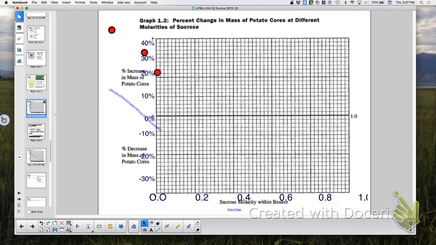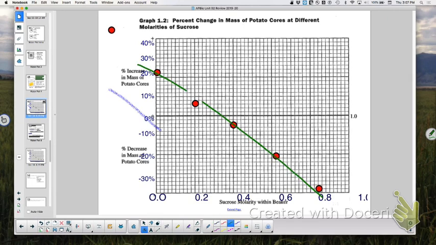And so we thought if we could plot that, maybe at 0.2 it doesn't gain as much weight. At 0.4 it starts losing weight, and then more weight, and then more weight somewhere in there. And then we would draw a best fit line through here, yes? Do you remember that part? And then we would look to go, well, we didn't nail the solution exactly, but we were able to plot it.